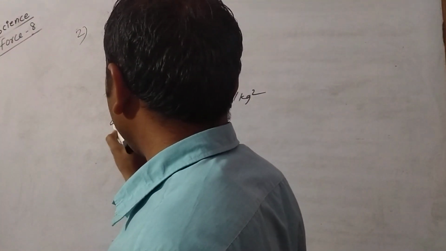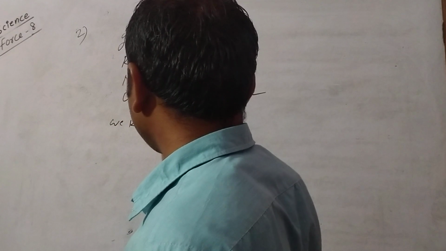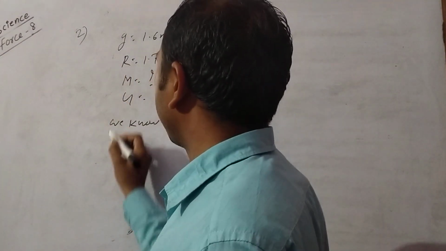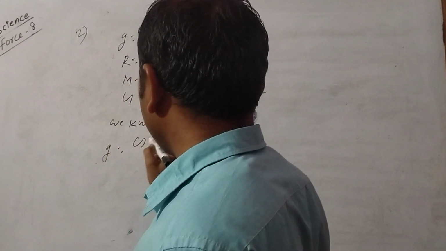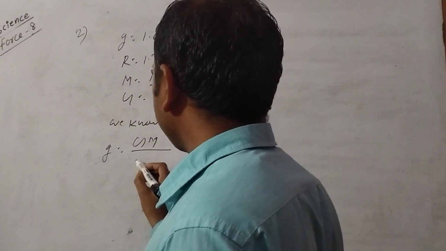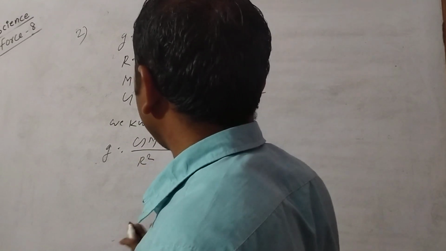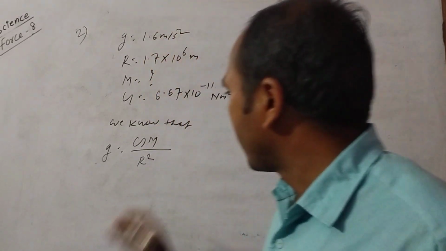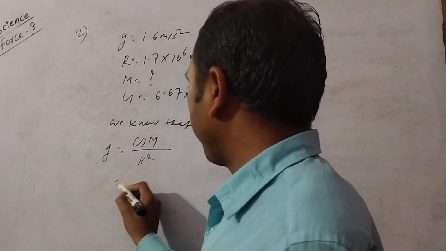Then the main formula we know is g is equal to G M by R square. This is the main formula.